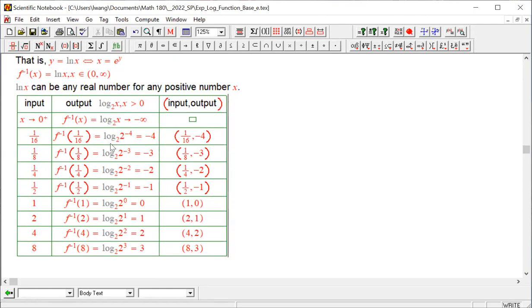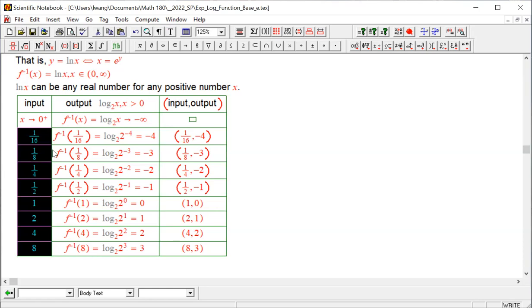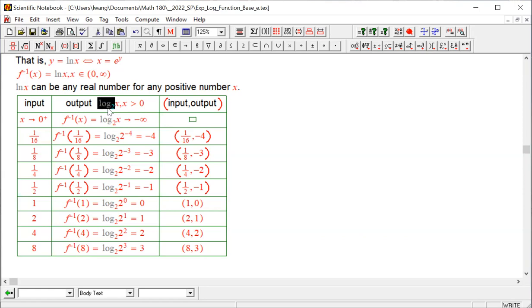Certainly, I can still use these inputs, no problem, but I want some more convenience because I'm dealing with ln x. Same domain, so I want to choose my input in such a way that the inputs are still from the domain but make my calculation easier. So these are the choices.